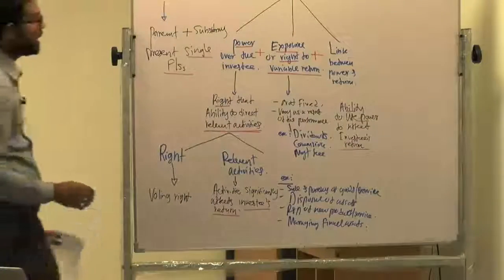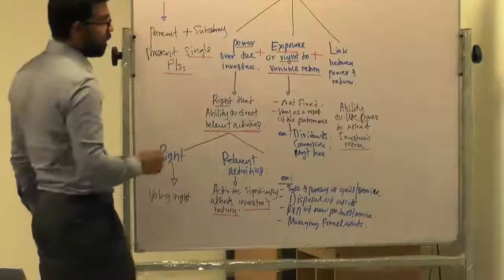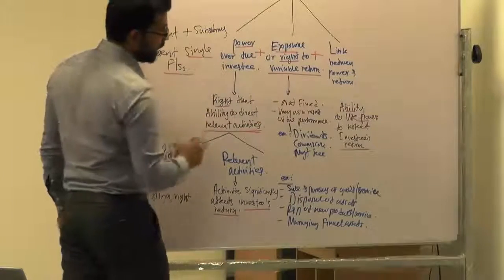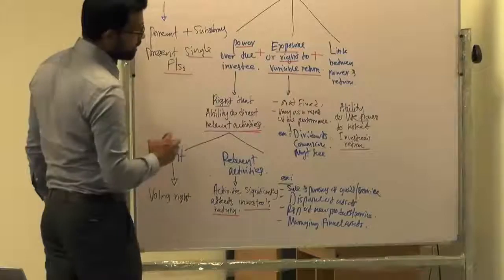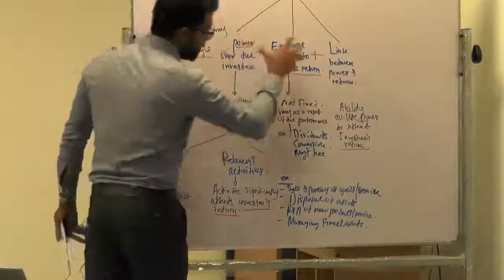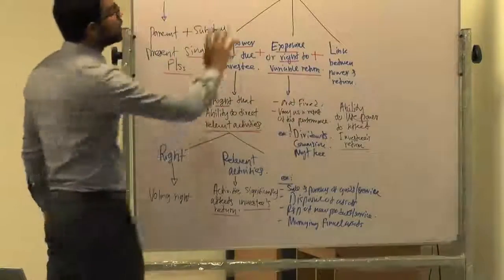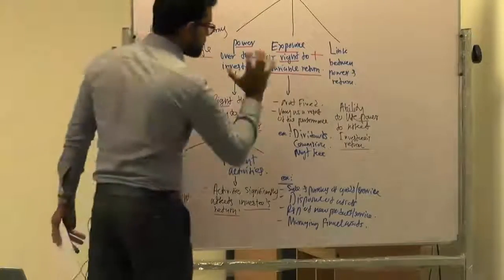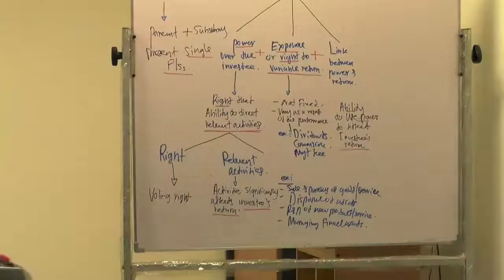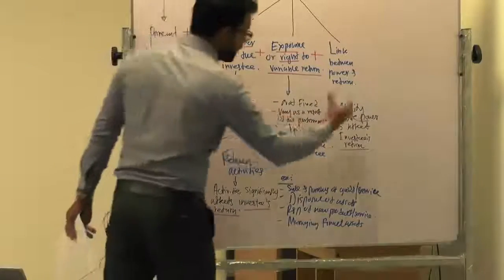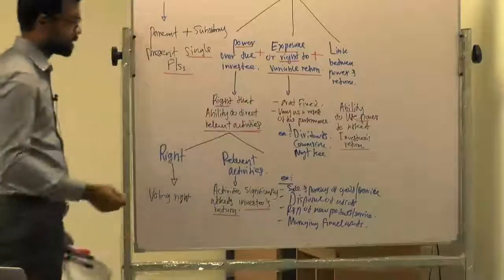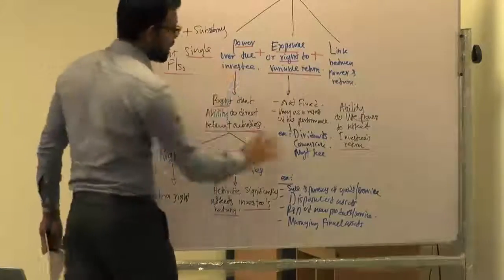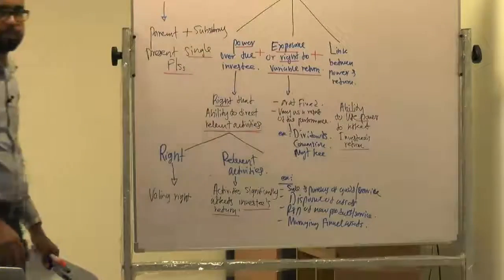So if you have power, and with that power you can't use it over this variable return, you don't have control. That is the link: the ability to use this power to affect the investee's return. By using this power, you should be able to change this variable return.